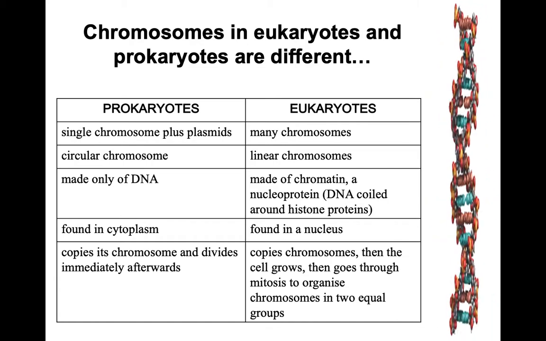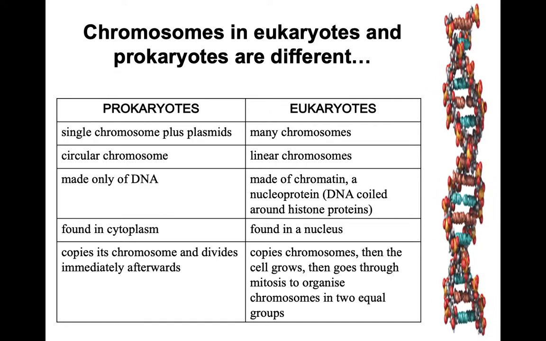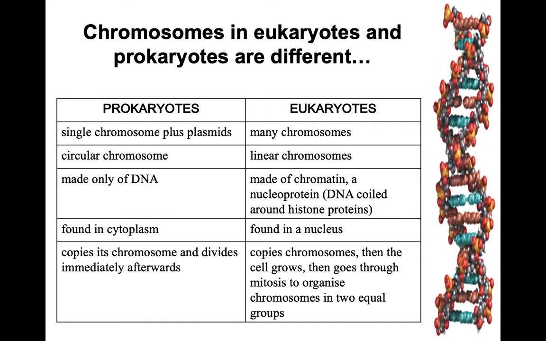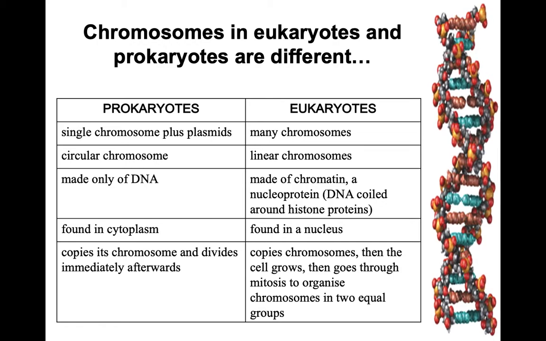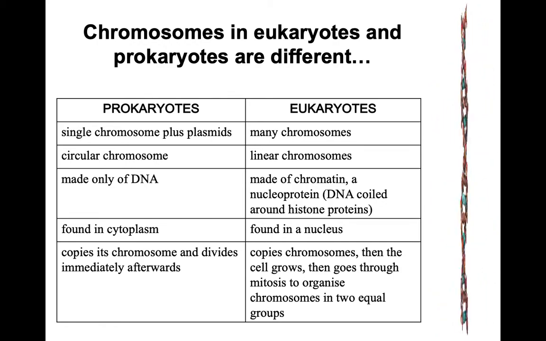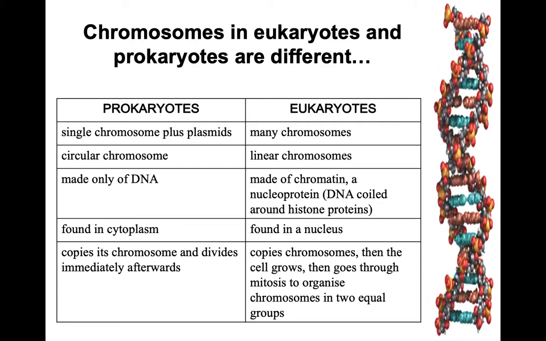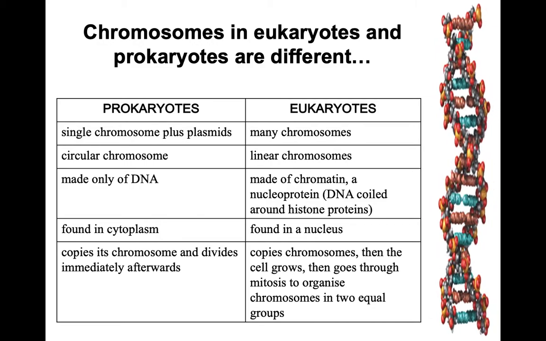So plasmids are also made up of nucleic acids, but they're not technically as consequential compared to the chromosomes of prokaryotes. While eukaryotes are composed of multiple chromosomes.